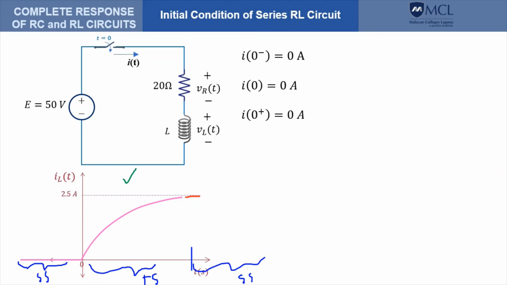So what are the initial conditions of the voltage and the current through the inductor? Let us take first the current through the inductor. At t just before 0, we notice that our current is 0. At exactly t equals 0, our current is still 0. And just after t equals 0, our current is still 0.